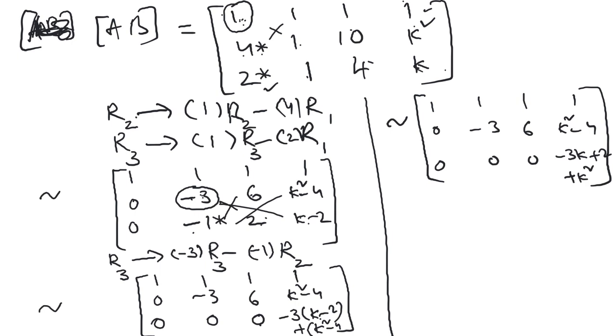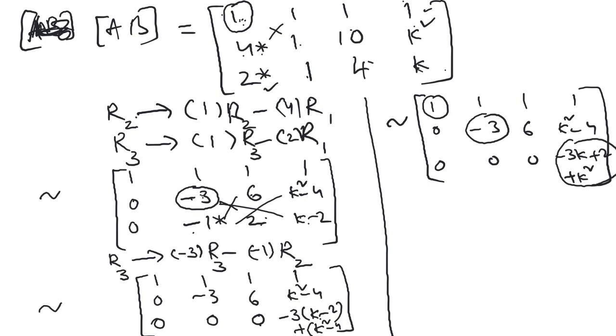Now this is in the echelon form, right? The number of zeros before the first non-zero elements in succeeding rows form an increasing sequence.